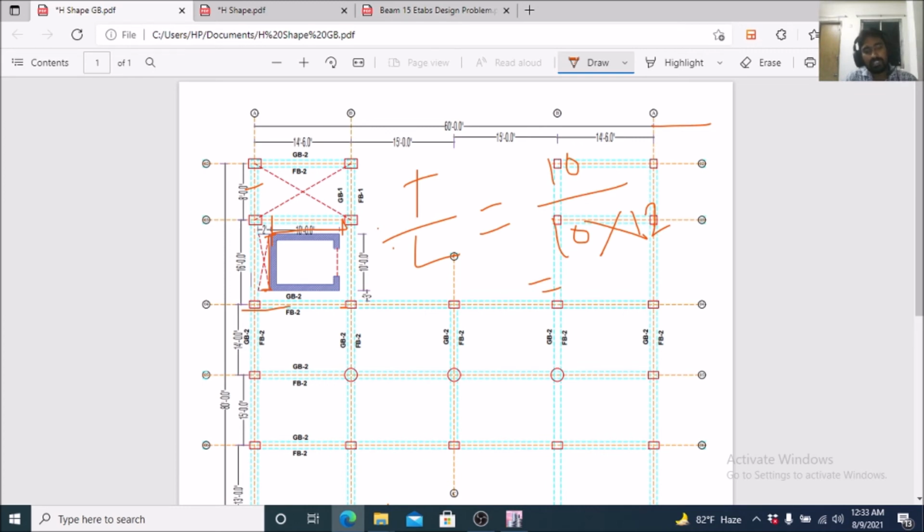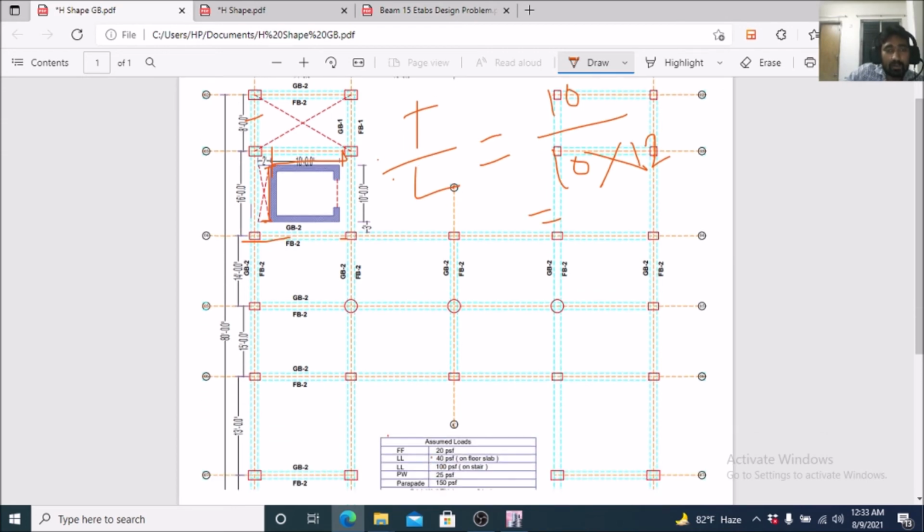By calculating 10 by 120, we can conclude that it is 0.08. Our rule is, T divided by L greater than 1 by 15, the shell will be thick.